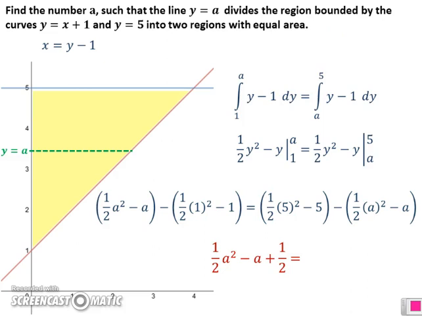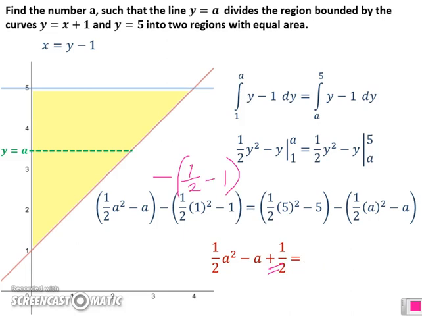And if you simplify a little bit, this side is the 1/2 a squared minus a. That's this piece here. And then minus, this is 1/2 minus 1, and we're subtracting that. So inside the parentheses here is negative 1/2. It becomes positive with that minus sign.